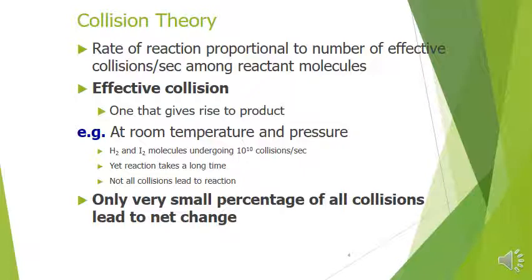Again, you have to take into account effective collisions. It can't be just random collisions. We have an example here. H2 and I2 come together and form HI. They undergo 10 to the 10th collisions per second, but the reaction actually takes a very long time. Why is that? Because the collisions are not effective. They're not hitting each other the right way.